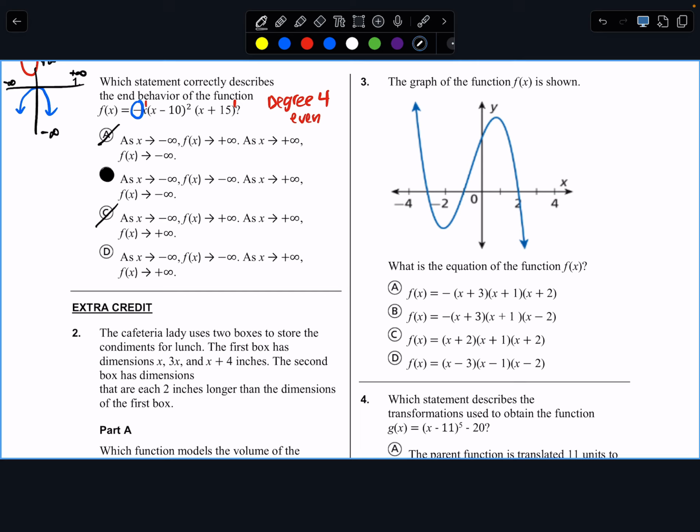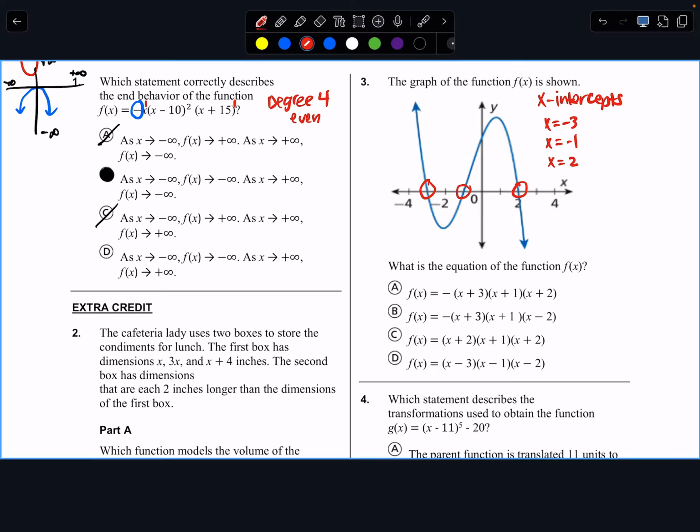The easier way I think you could do this is identify what the x-intercepts are. So you want to find the x-intercepts. So how many x-intercepts do I have? 3. What are they? -3, -1, and 2.